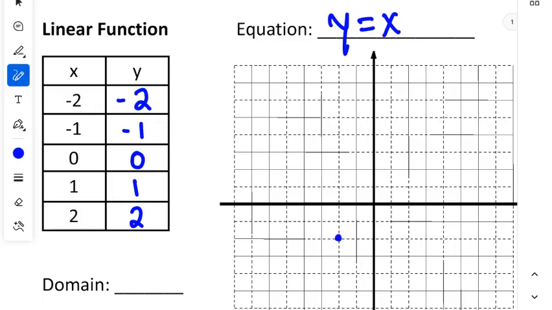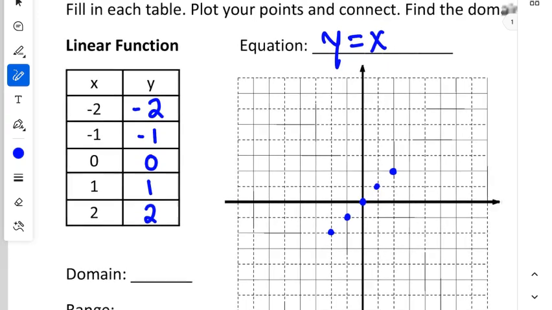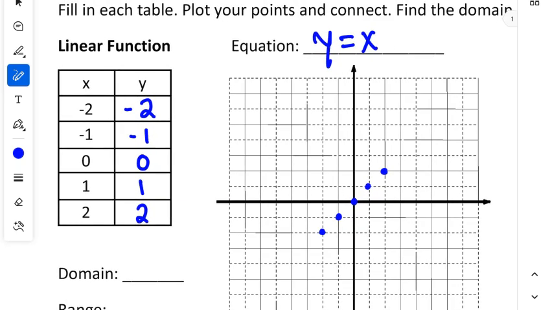And now we will graph it. -2, -2. Use your ID badge to make yourself a straight line, because linear is a line. There we go. And it extends forever in both directions.